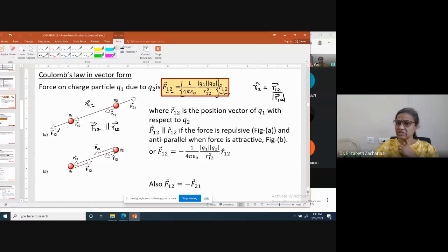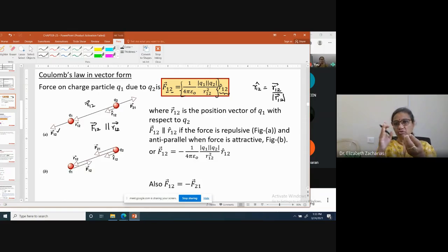Next thing is, you must have noticed that I am using modulus Q1, modulus Q2. The reason why we are doing that is, whatever be the sign of the charge, if I'm talking about a minus 3 nanocoulomb and a plus 2 nanocoulomb, when you multiply, don't take that minus into account. Just say 3 into 2.